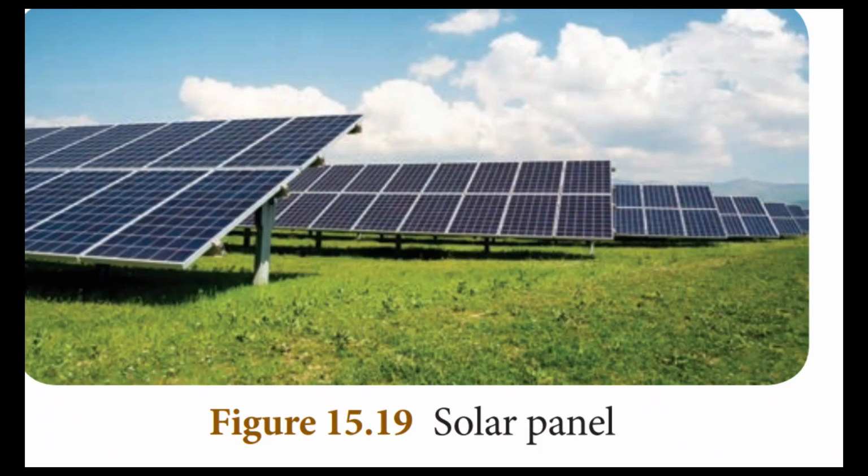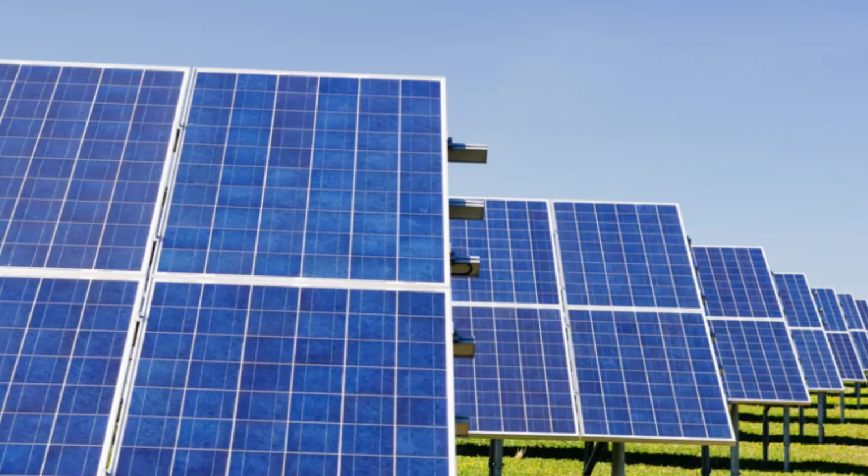Our sun provides a free and renewable source of energy. So it is a renewable type of energy without endangering the environment. So solar energy is a clean energy. With minimum effort, maximum energy can be harnessed by using various equipment.